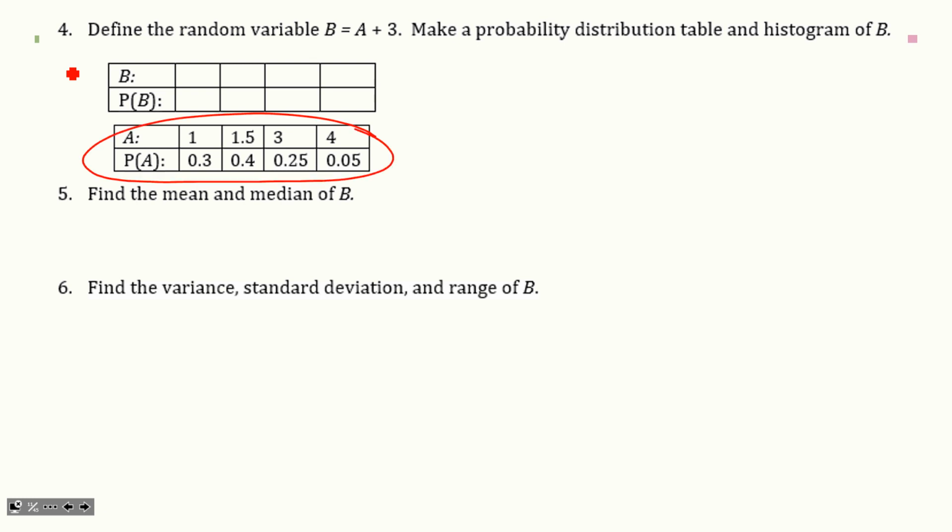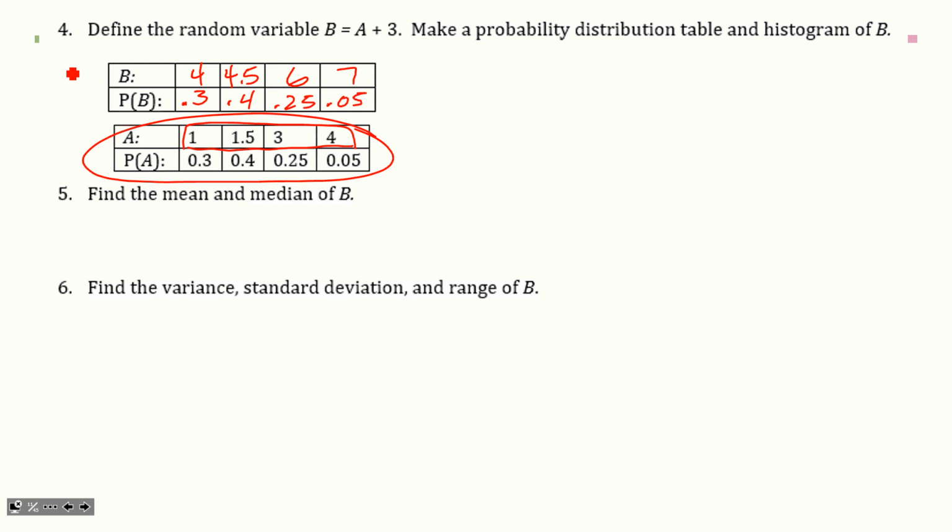If I add 3 to each possible value, 1 plus 3 is 4, right? 1.5 plus 3, 3 plus 3, and then 4 plus 3 is 7. So these are my new possible outcomes. So all the possible outcomes for B, I take all the possible outcomes for A, that's these, and I add 3 to them, right? But they each occur with the same original probabilities. So the probabilities haven't changed.